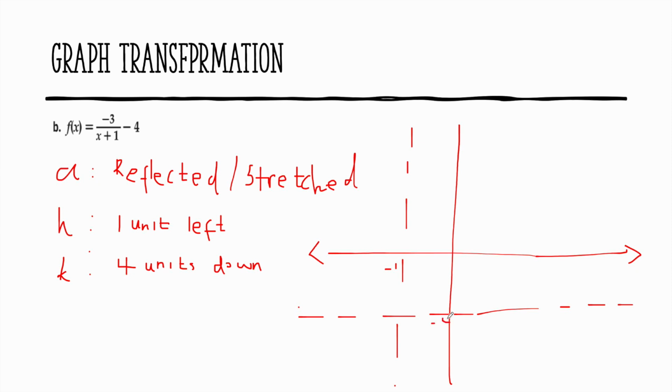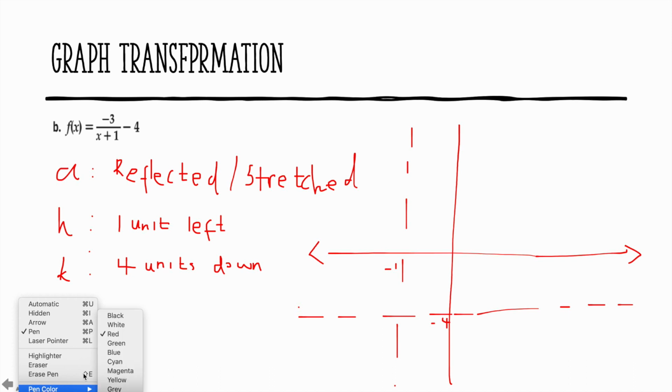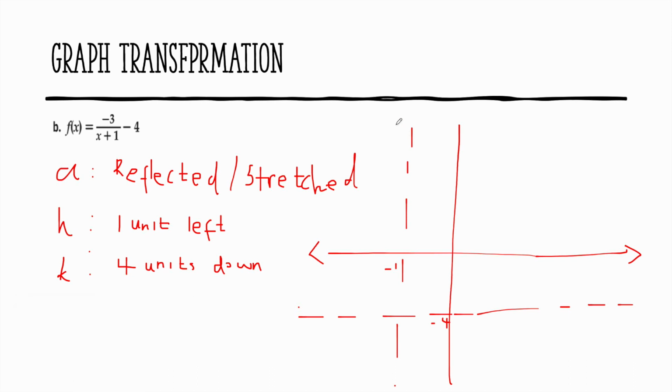So the most important thing is this point and that point, and the fact that it reflected now. So I'll change my color to give you the graph. So the graph will be like this. Okay, so this is the graph.